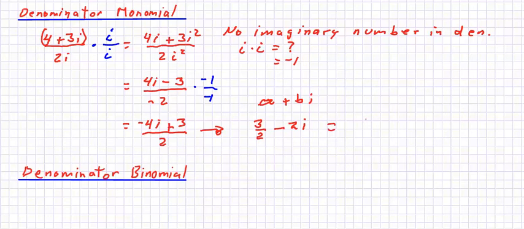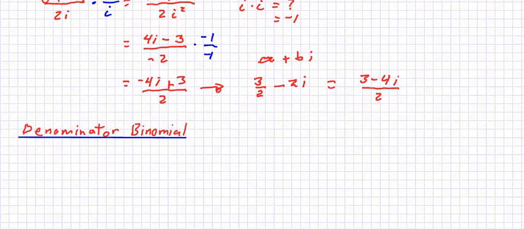Or we can write that as 3 minus 4i over 2. Either way is acceptable. Whether you write it like this or like this, it's really the same thing. So this is our answer.